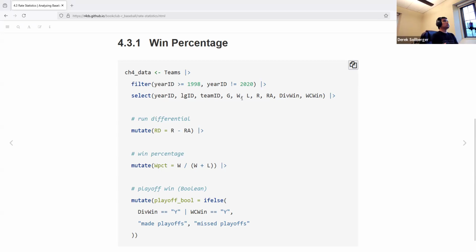But because I was mostly worried about the number of games in a season, many baseball analysts these days skip the year 2020 just to make some exposition a little bit easier at the beginning. You could see some of the columns that I'm going to grab from the Lahman teams data frame or data table, and we're going to use these variables through this hour.